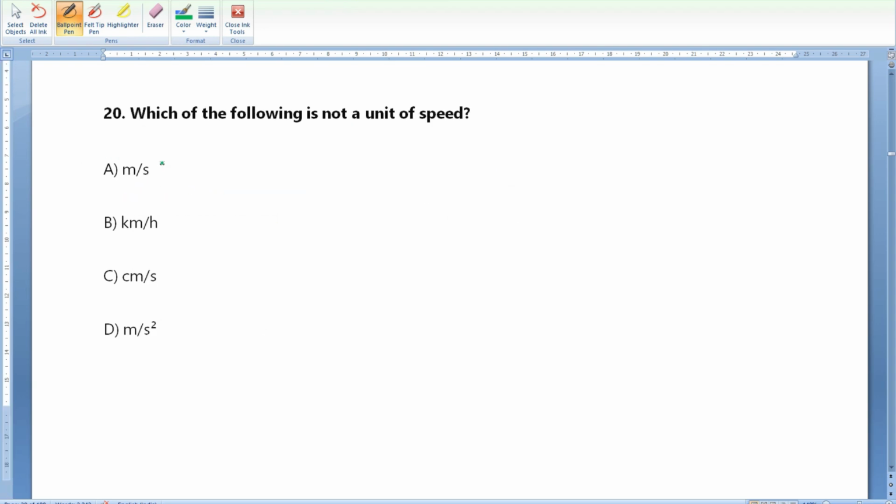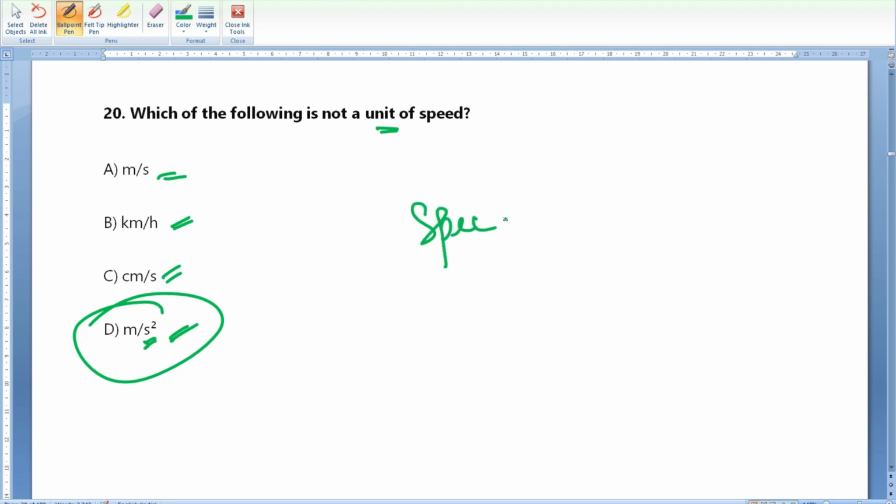Question number 20. Which of the following is not a unit of speed? Meter per second, kilometer per hour, centimeter per second, meter per second square. Meter per second square is not a unit of speed. The formula of speed is distance by time.